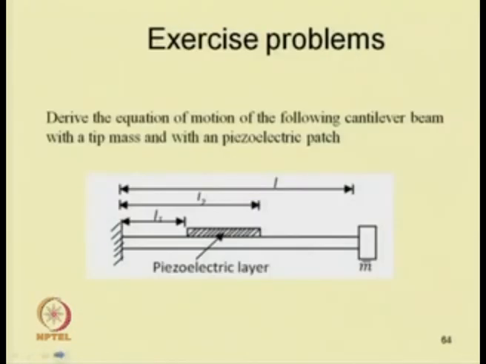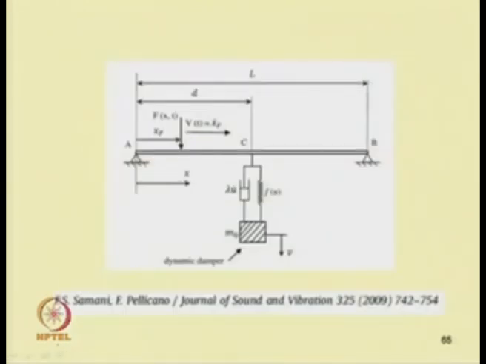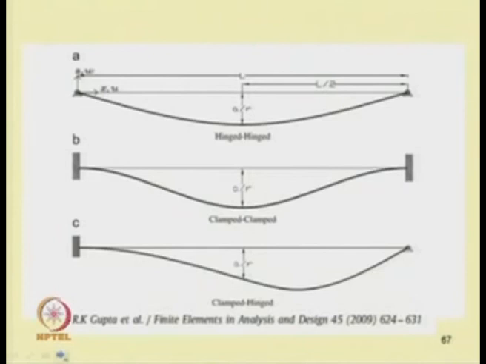Also one can derive the equation of motion for a cantilever beam by taking a piezoelectric layer in a similar way. Also one can take a micro beam. Also one can take a functionally graded material supported by nonlinear springs, or by taking a linear or nonlinear vibration absorber and with different boundary conditions.